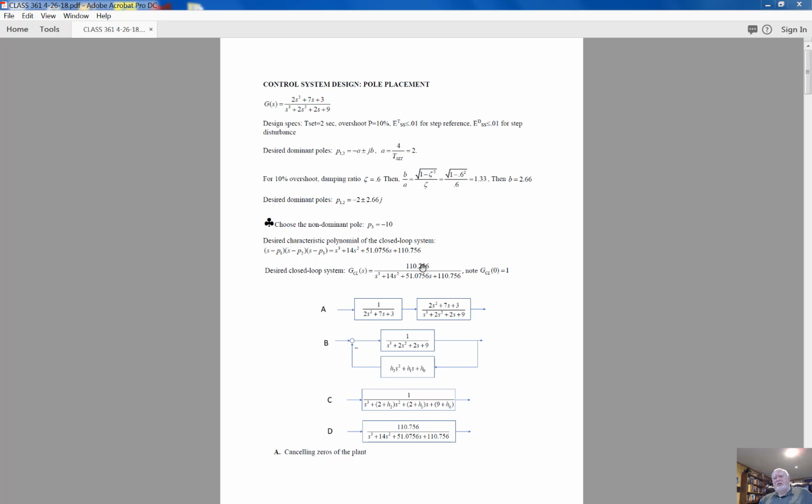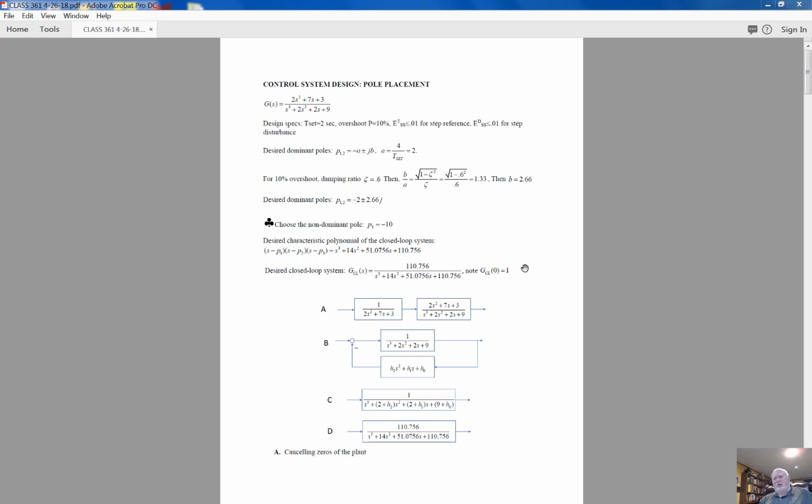You also must remember that the desired closed loop system transfer function could be obtained by making sure that the polynomial is written right here, and in the numerator we're not supposed to have any zeros, and we only have the constant gain, and the constant gain should be equal to the zero order term of the polynomial denominator.